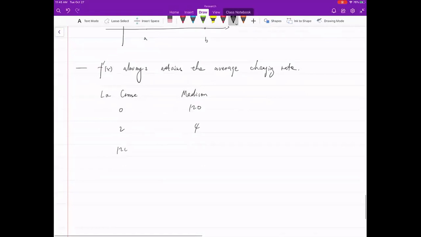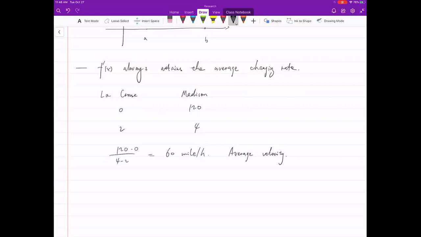You drove 120 miles within 2 hours. That is going to be 60 miles per hour. Is that your velocity? No, that is just your average velocity.